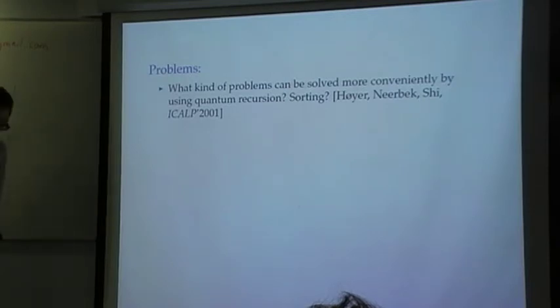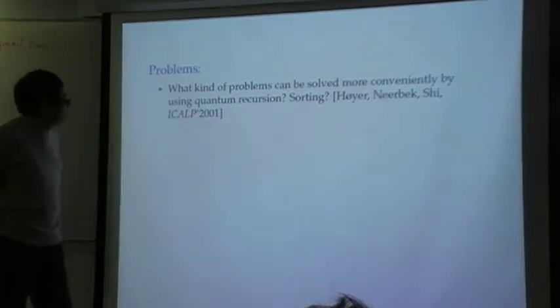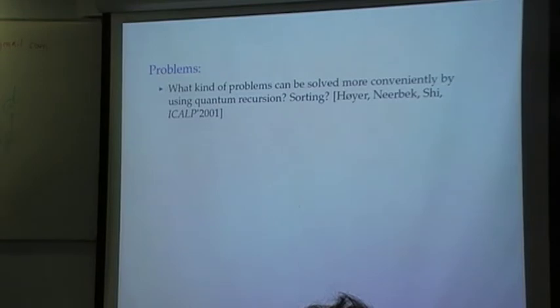Quantum sorting has already been studied by some researchers, but in their models they don't have recursion at all. In the classical case, sorting can be described by the recursion pattern. So that's one problem we can work on.